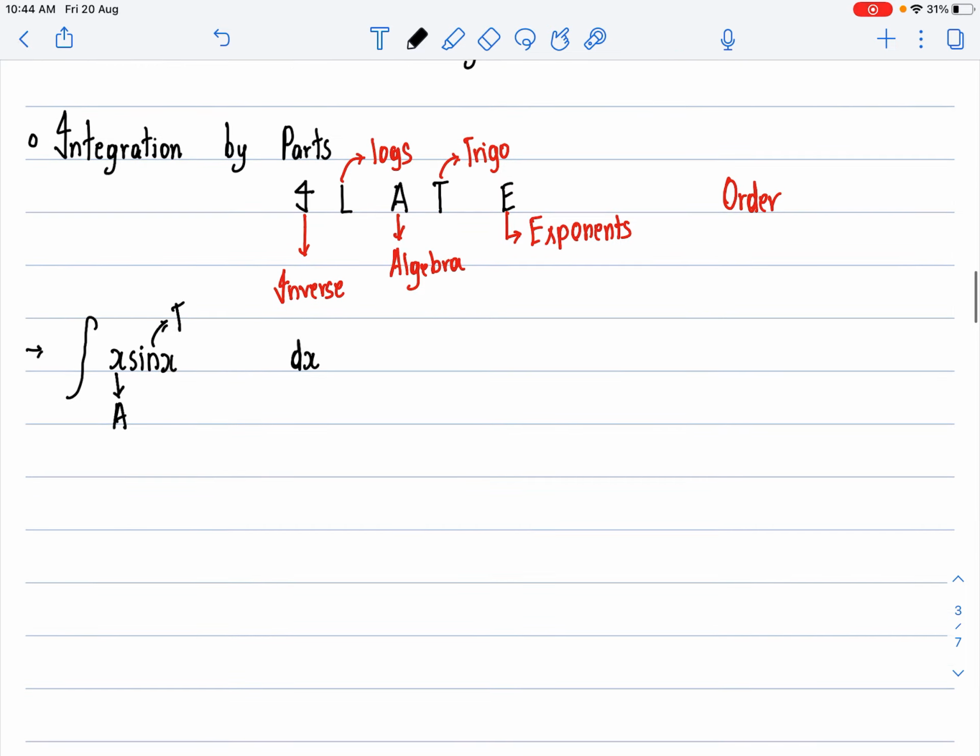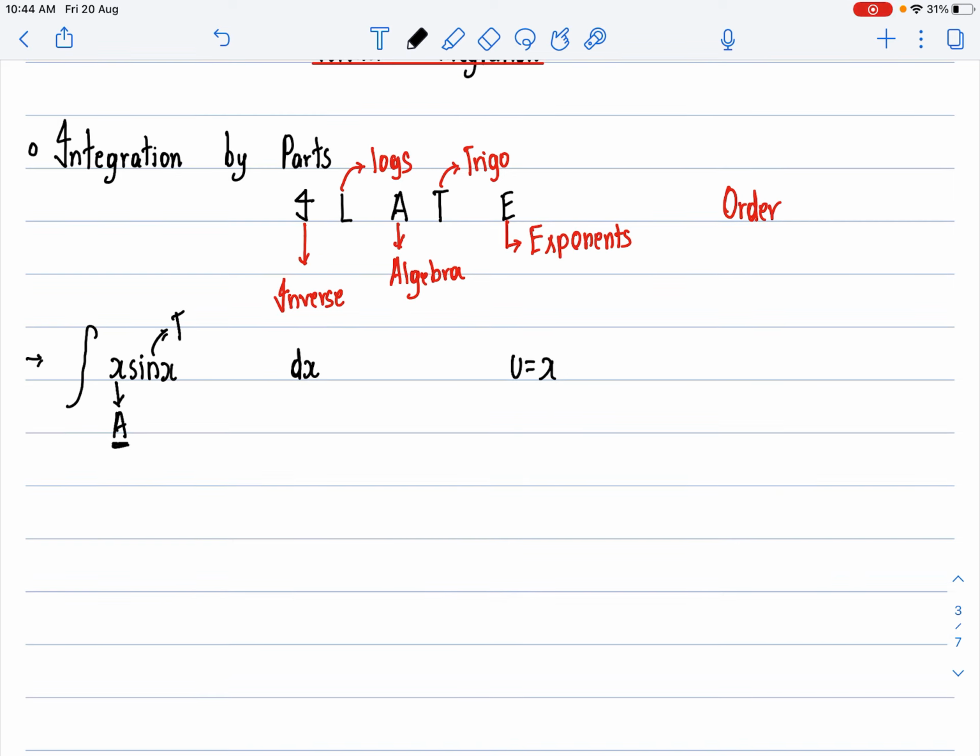In the order of ILATE, algebra comes before trigonometry. So whichever is my algebra, I take that as u. So I take my u as x, and whichever comes after, in this case trigonometry, which is sin x, I take that as my v dash, which is equal to sin x.